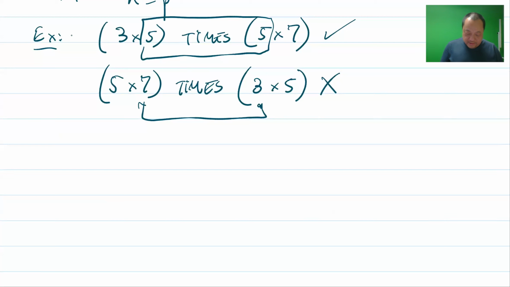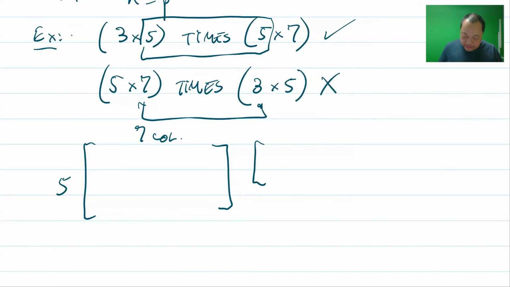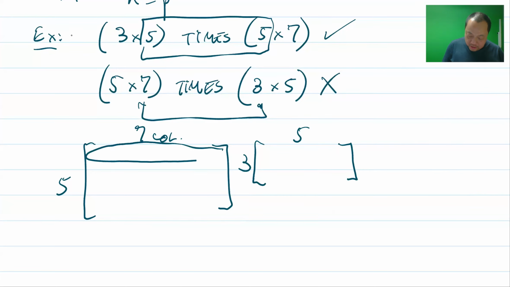A 5 by 7 matrix would look like this. This has 5 rows and 7 columns. And I multiply it by something that has 3 rows and 5 columns. I take this long vector, I try to dot it with this short vector, and it won't work.